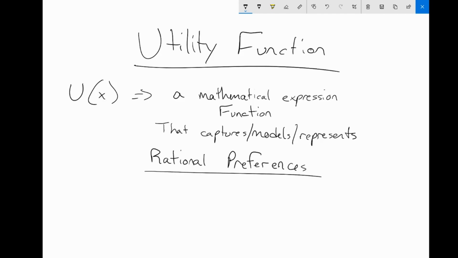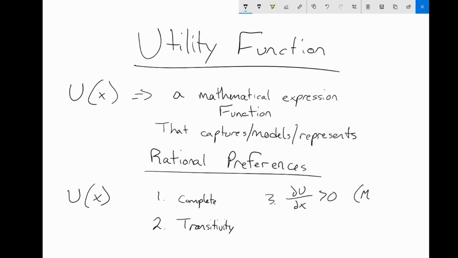This function should exhibit some characteristics. One, it should be complete. Two, it should satisfy transitivity. Three, the derivative of the utility function should be positive. More is better.